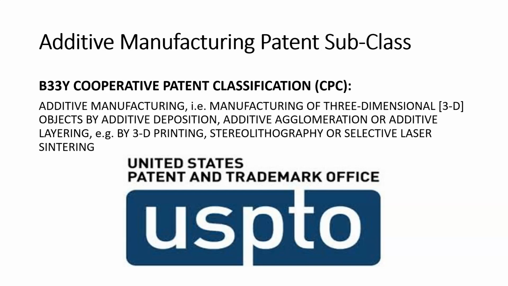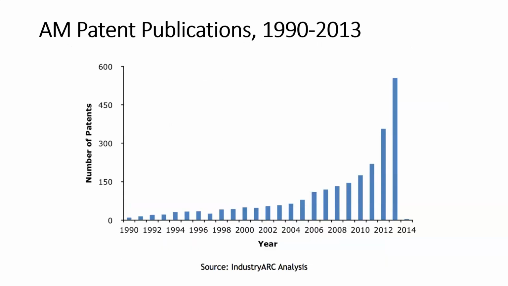For example, by 3D printing, stereolithography, or selective laser sintering. So that is the subclass that controls, if you're going to make a design patent or a utility patent, you're going to file for one of those. That's the subclass that you would file under. B33Y.